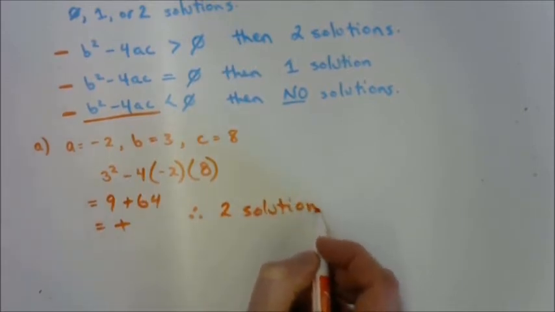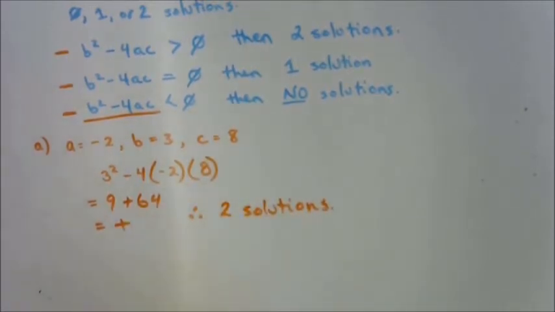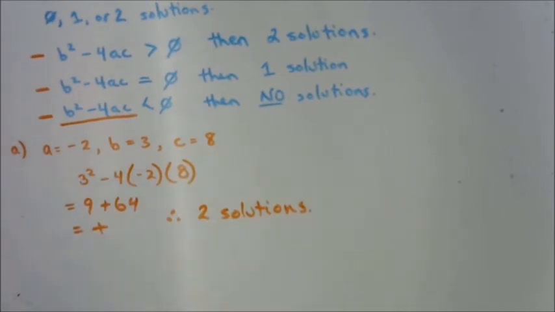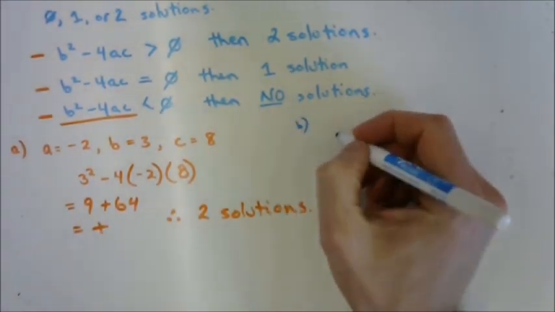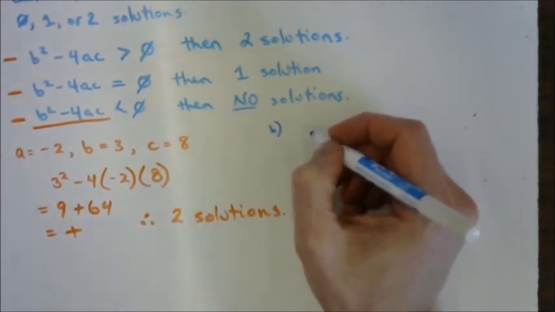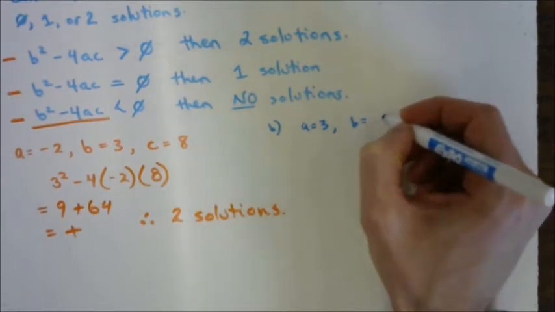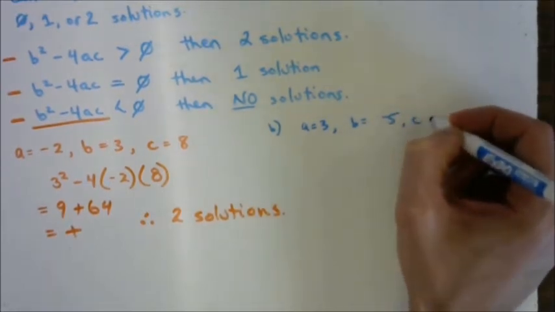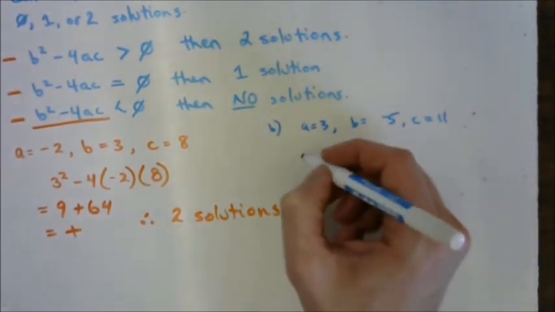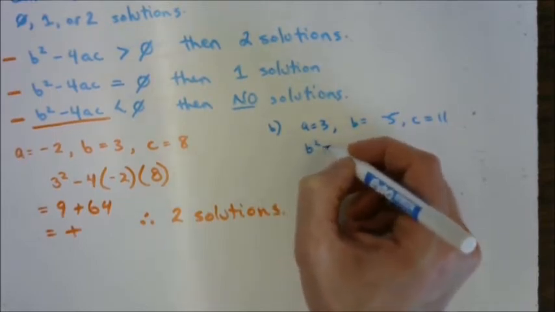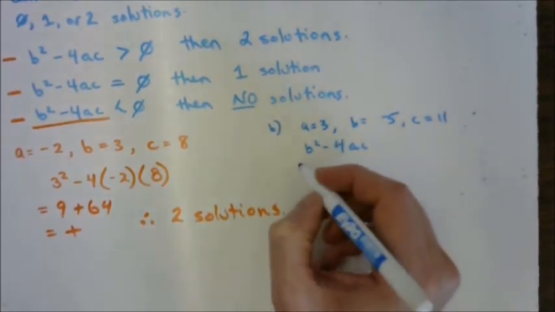Okay, we're not asked to find out what the solutions are. We're just asked to find out if this thing is actually going to cross the x-axis and how many times. In B, we've got A is 3, B is negative 5, C is 11. And we're looking at the discriminant, b squared minus 4ac.